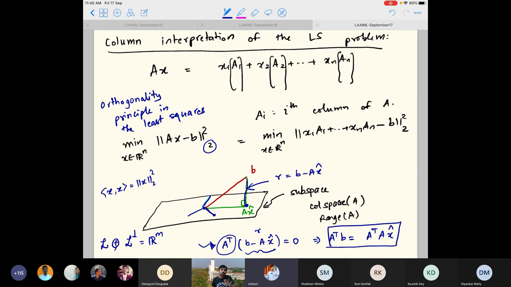So is the geometry behind least squares clear now? Any vector B you see, if it is not in the column span, you just drop a perpendicular from B onto this plane, and wherever the foot of the perpendicular lands, that is Ax hat. So you have to find that linear combination.